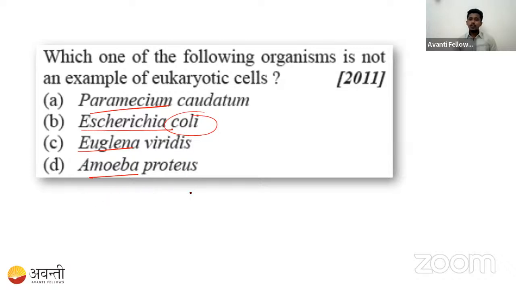So Escherichia coli is a prokaryote and does not belong to the group of eukaryotes. That is why option B is not matching with the rest of the group.